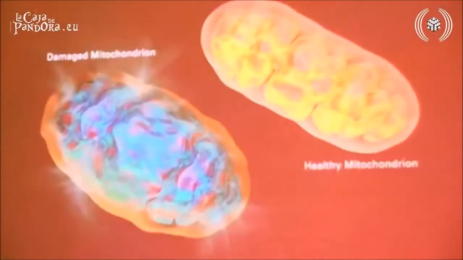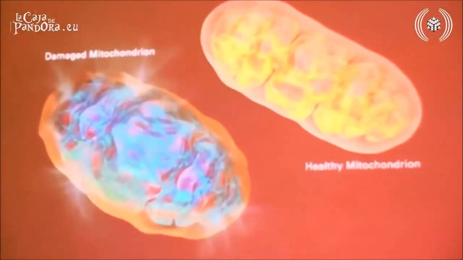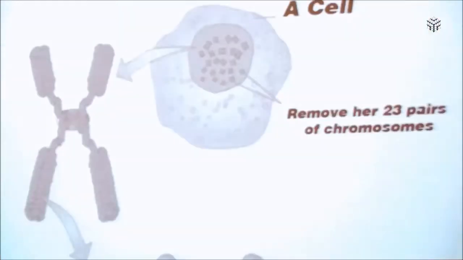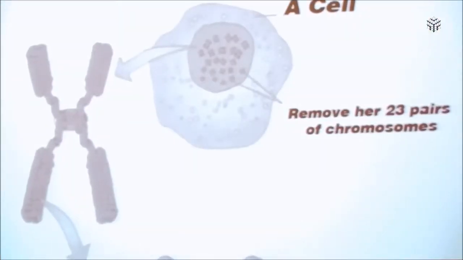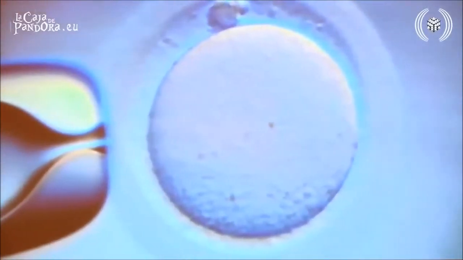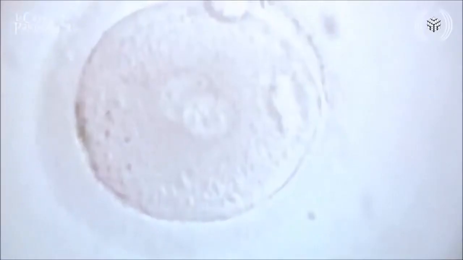If a human female has mitochondrial disease, which means that her mitochondria are bad and are going to produce very flawed and dead children for the most part, and she wants to have a child with her husband, what they can do is take her chromosome package, put it in a dish, mix it with her husband's sperm and create a zygote.